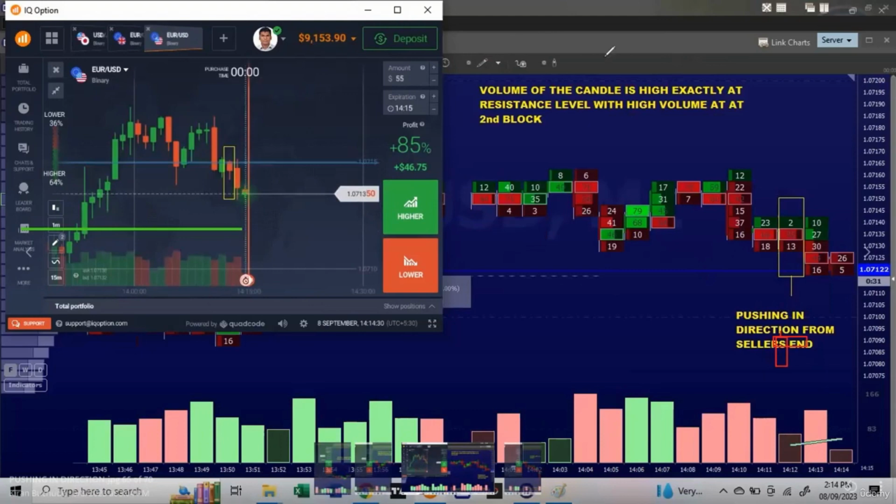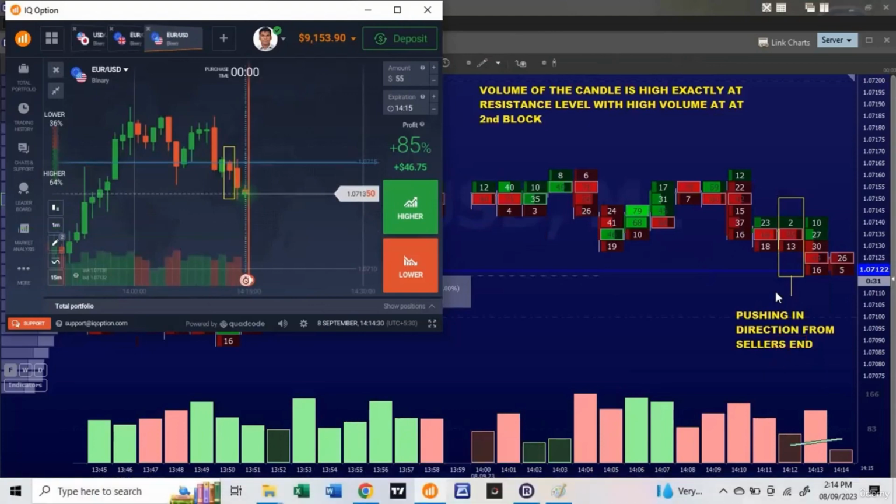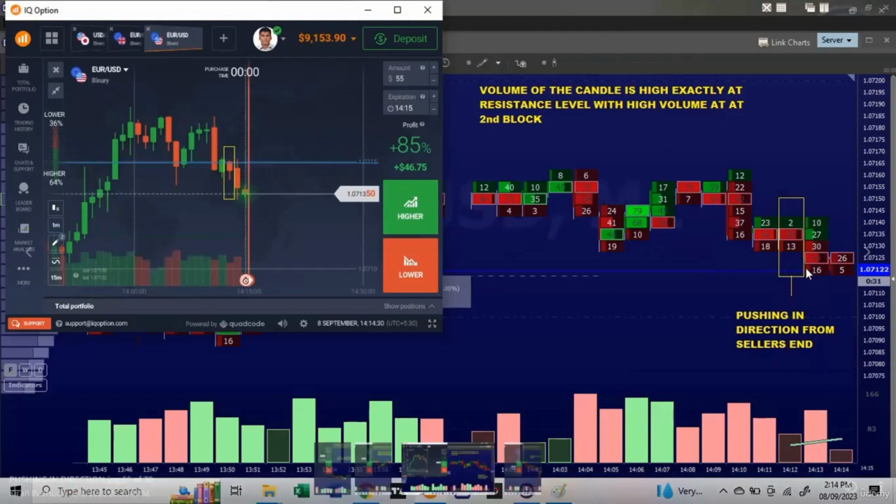So what happened here? This one, 55. Which candle? This one, bearish or bullish? Bearish candle. At the resistance level.